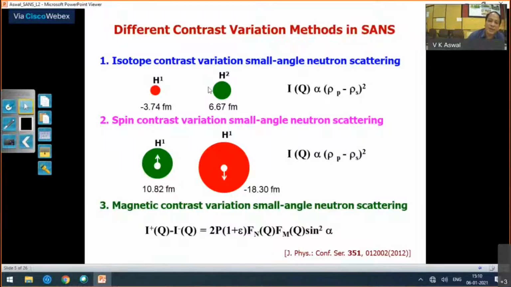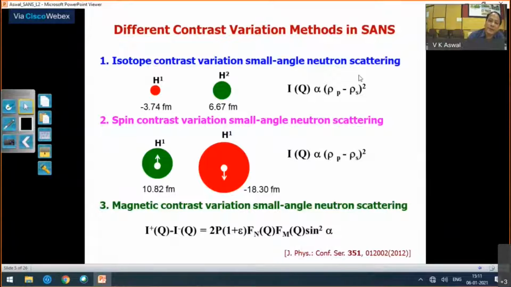And when you have isotopes, most of your properties will be similar. There will be some changes, but most of the time you can neglect those changes because they will not be much. But for neutrons, you can change the contrast drastically. They will have different scattering length densities, and this term can be easily varied.